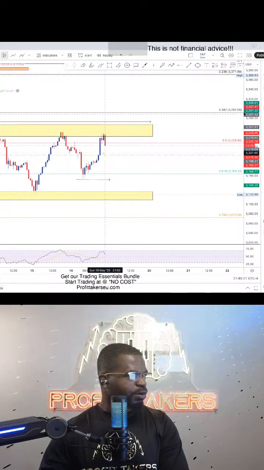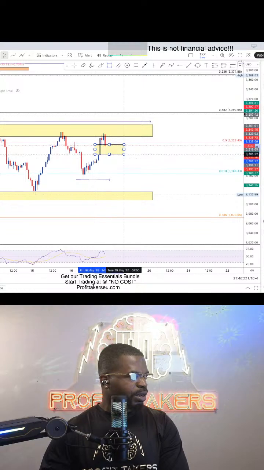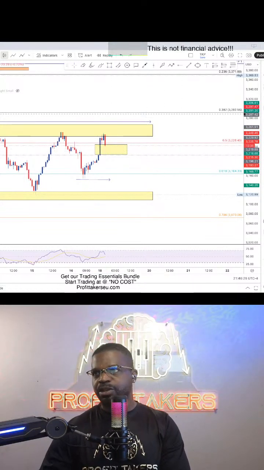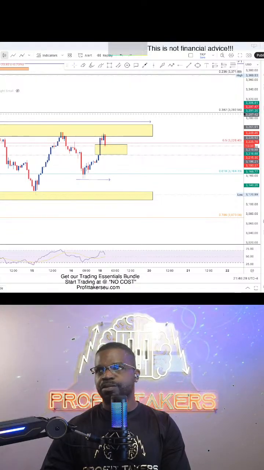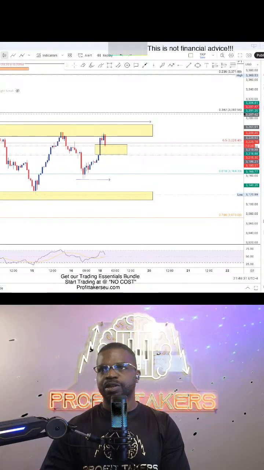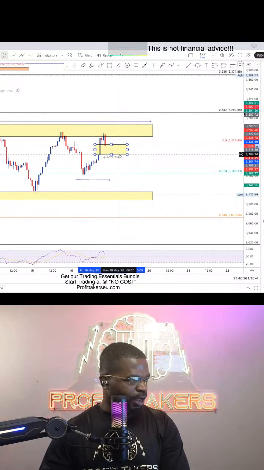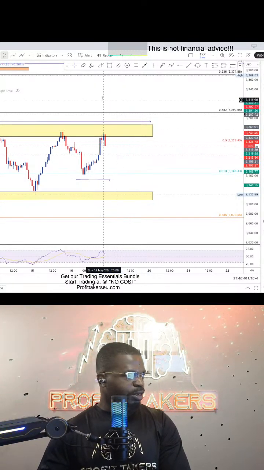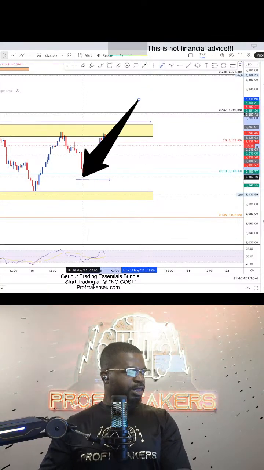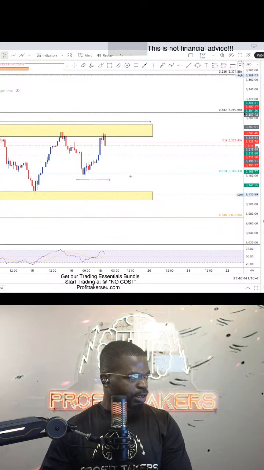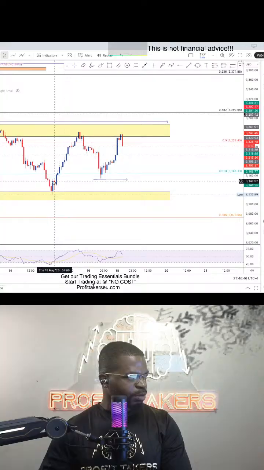If it does not hold right in here in this fair value gap and reject, there's a good chance we can see a break beneath this low right here. We've got a double bottom right here.